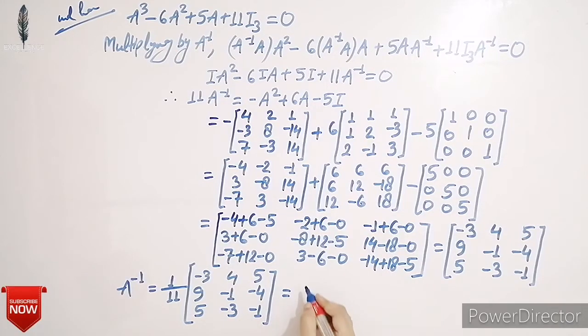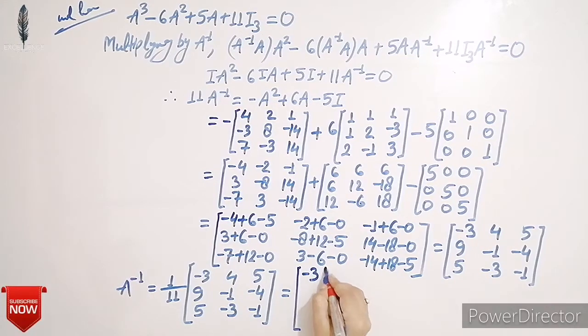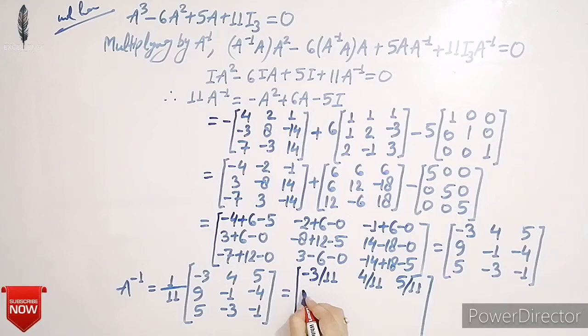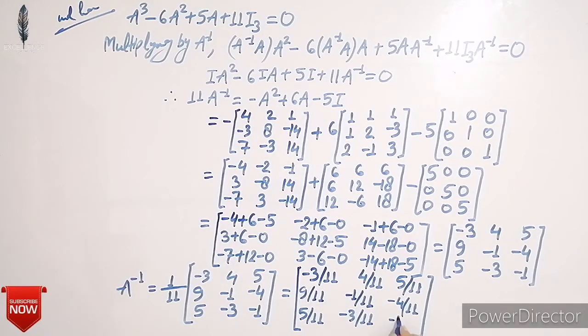On multiplying by 1 by 11, we have minus 3 by 11, 4 by 11, 5 by 11 in the first row. In the second row we have 9 by 11, minus 1 by 11, minus 4 by 11. In the third row we have 5 by 11, minus 3 by 11 and minus 1 by 11. This is the required value of A inverse. Okay, clear?